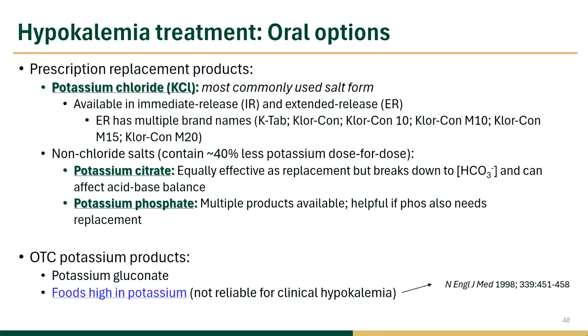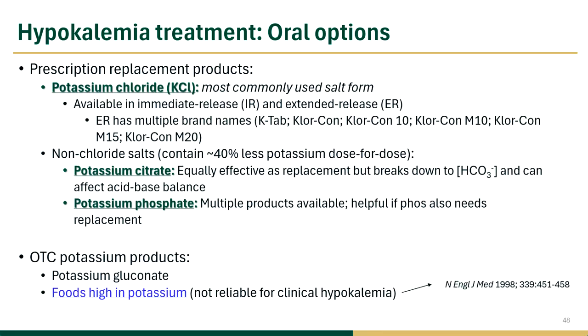Non-chloride salts do contain a lot less potassium, so efficacy-wise, you're going to have to use more of them or the treatment will be for a longer period of time, but they're much less irritating. They have much less GI effects from the drug itself. Potassium citrate is just as effective over the long term, but it breaks down to bicarb.